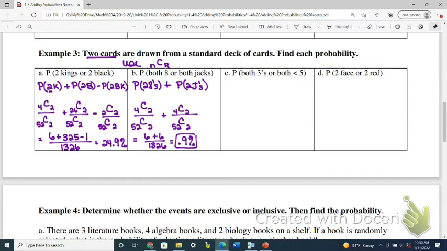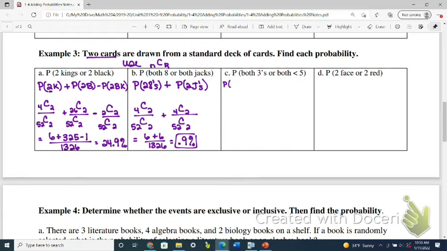Okay, both 3s or less than 5. So I want to say, is there any way to pull 3s that are less than 5? Yes, 3s are less than 5. So these are inclusive, and therefore I'll have to subtract.